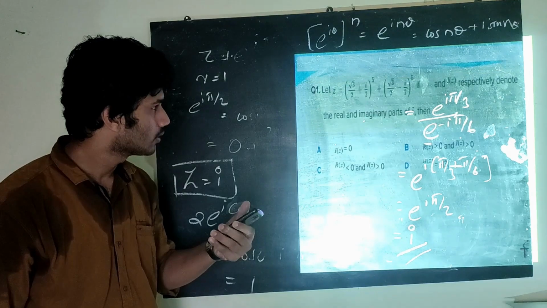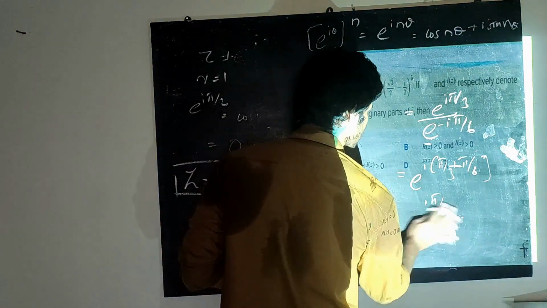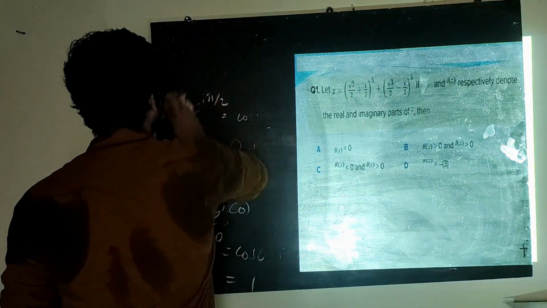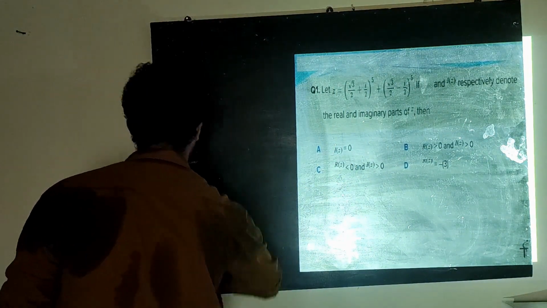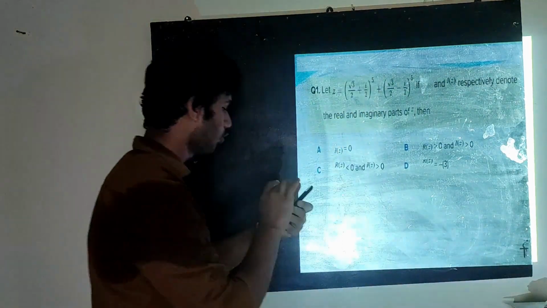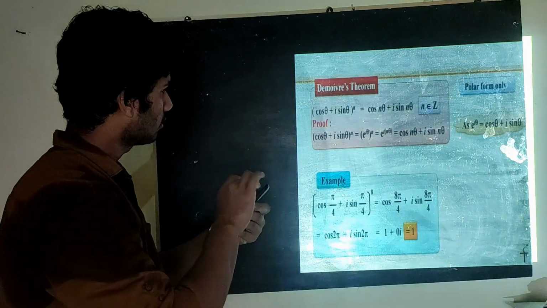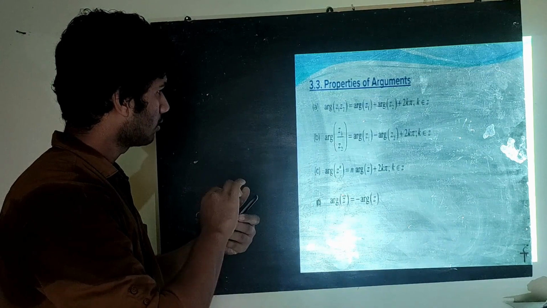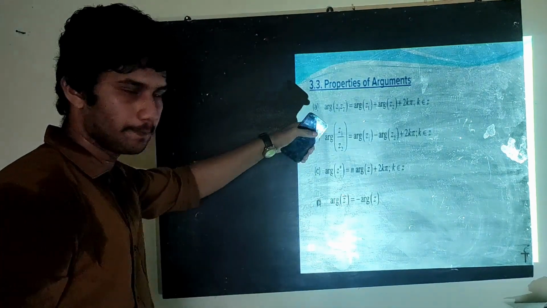Let's move on. So this is another question, and before the discussion of this question, I had left the properties of argument. We'll start with the Euler form. So let's move back. Yeah. Let's discuss this.